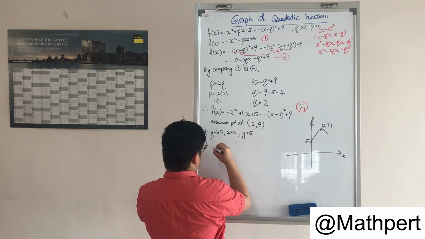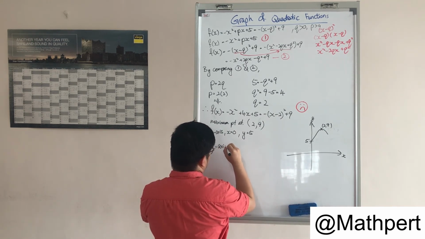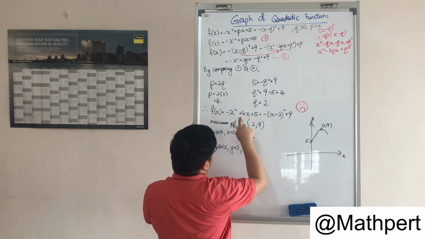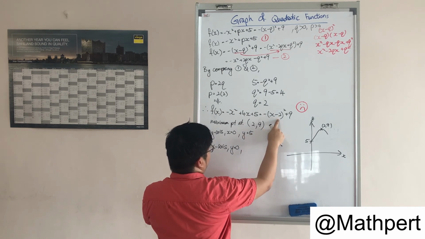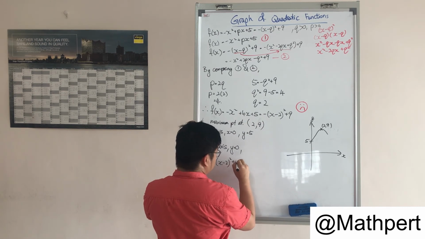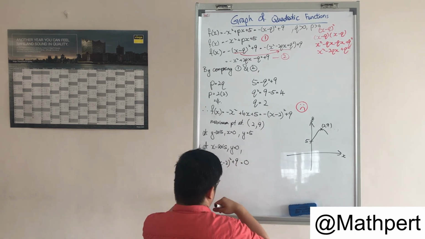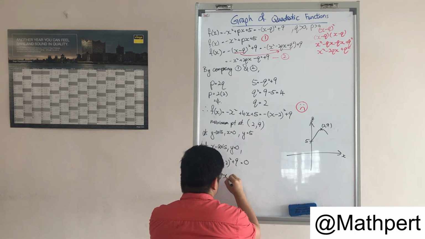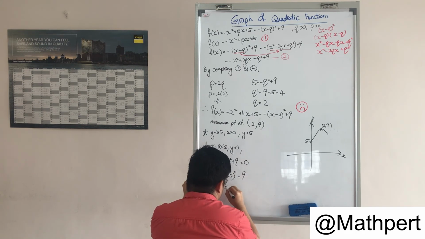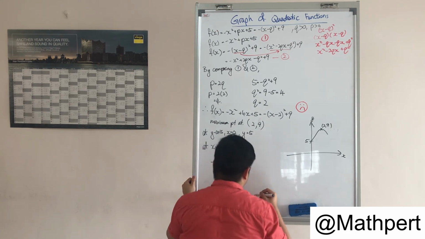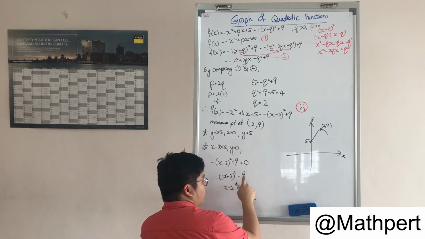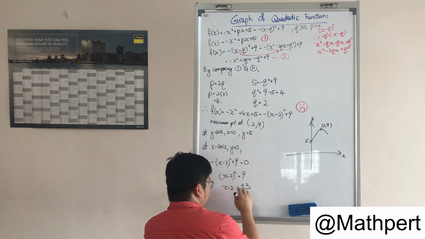Then at the x-axis, y equals 0. When y equals 0, we use this. So negative (x minus 2) squared plus 9 equals 0. So we get (x minus 2) squared equals 9. x minus 2 is equal to plus minus 3. Square root of 9 equals plus minus 3.